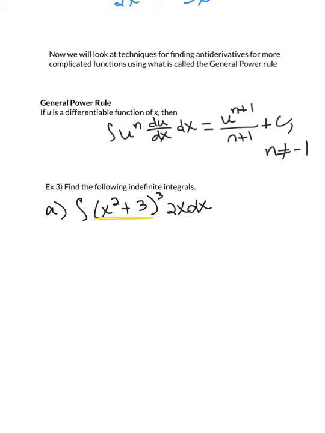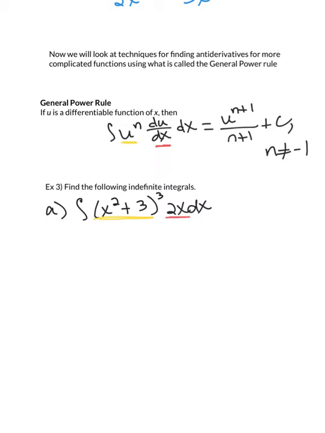And when you look at the 2x, that is the derivative of the inside part. This integral then meets our qualifications for the general power rule. We have a quantity to a power, which is what the u to the n meant. And then we have after that the derivative of the u, and then the very end is dx.